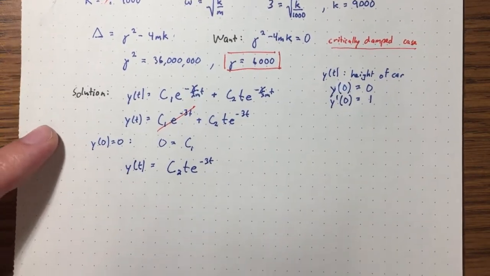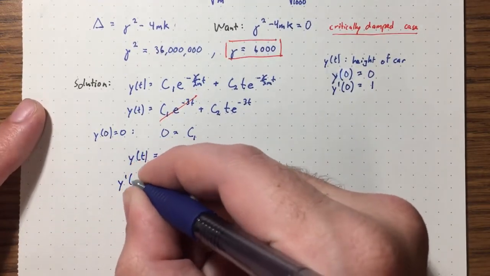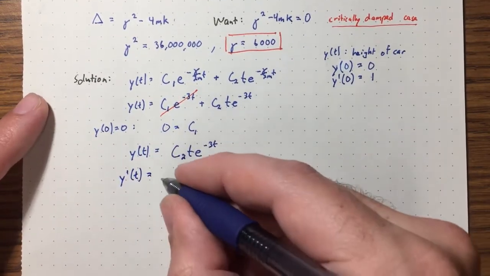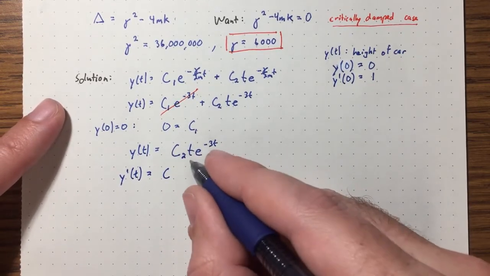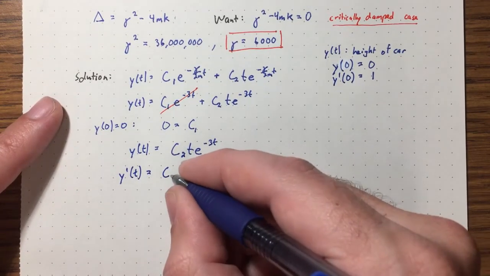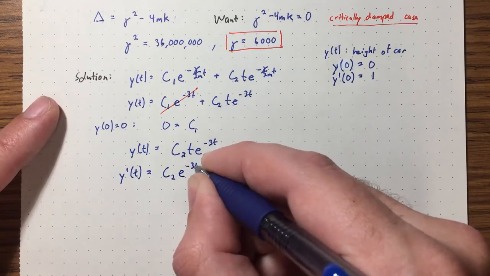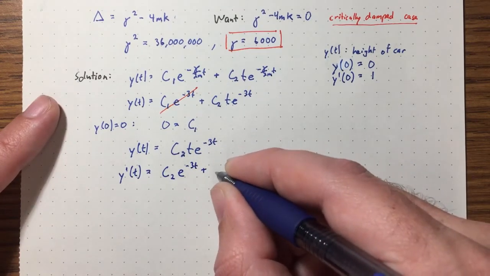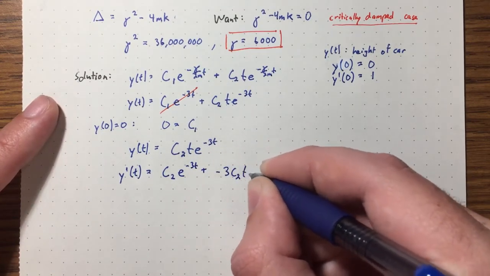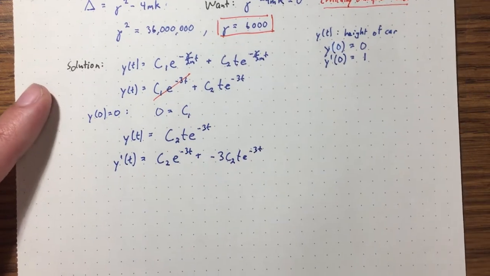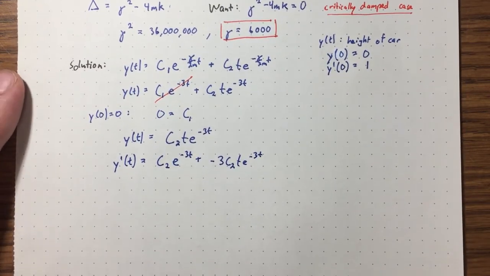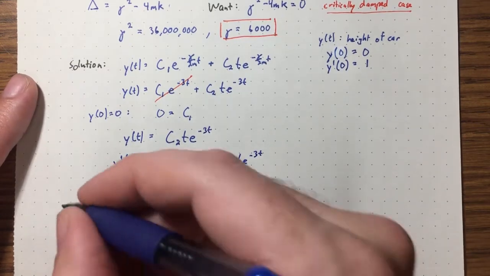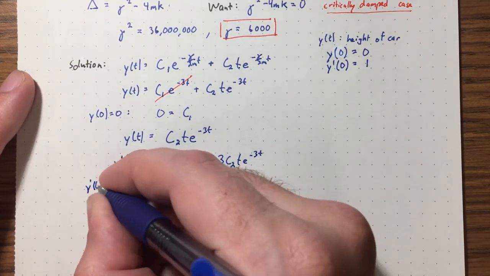Now let's use this initial condition. So we need to take the derivative, and we get product rule here. We have a t and an e to the negative 3t. So we have c2 e to the negative 3t plus minus 3c2 t e to the negative 3t. And now let's plug in. So y prime of 0 is 1.